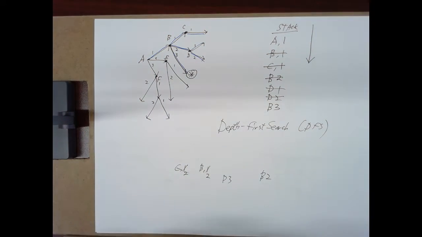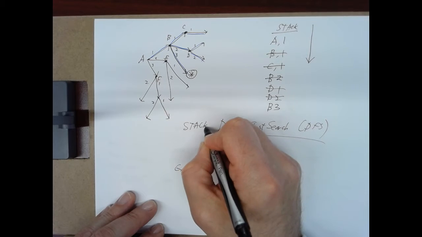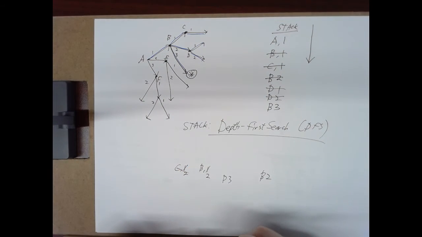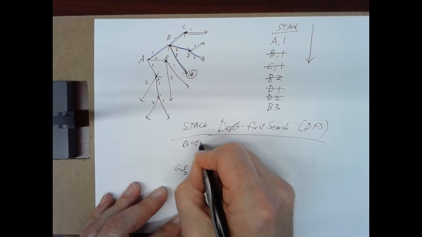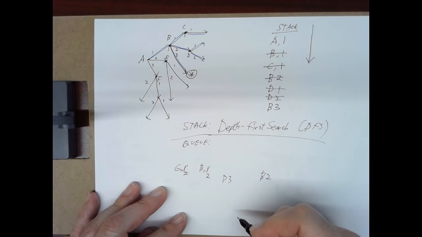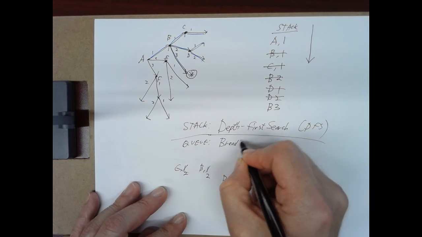Okay, so this is a stack that we use for a depth-first search. We can also do the same thing with a queue, and that's going to be a BFS.